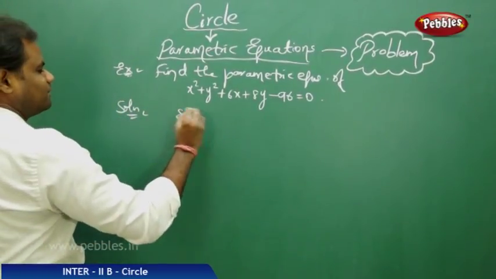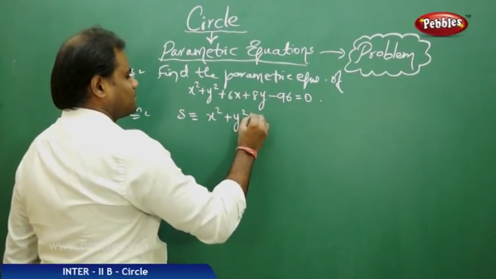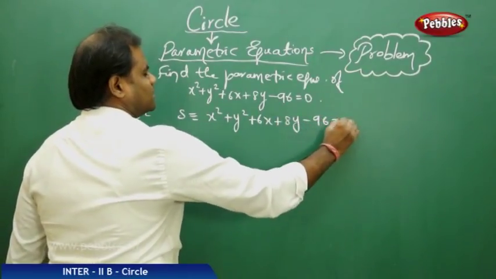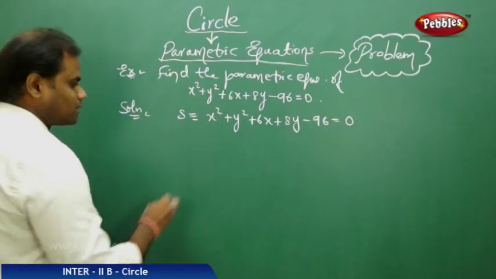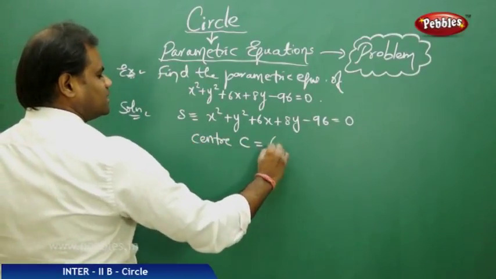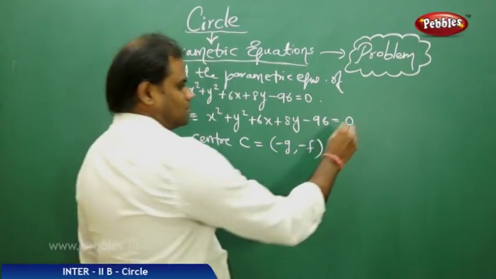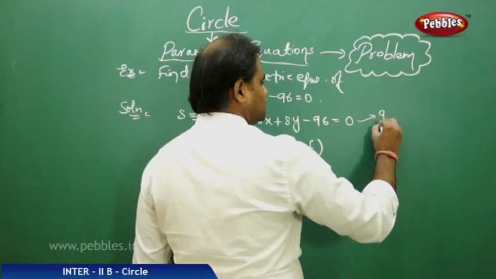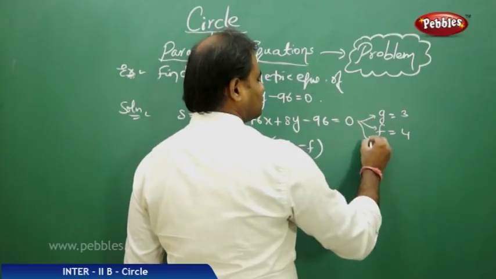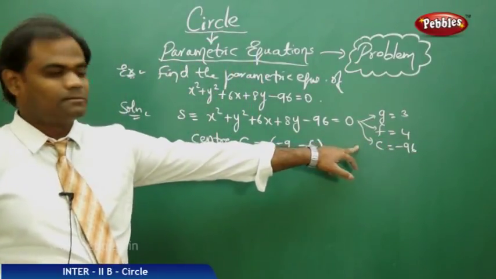Now, as I clearly have the circle given by x squared plus y squared plus 6x plus 8y minus 96 equal to 0, my center C is given by (minus g, minus f), where g is 3, f is 4, and c is negative 96 from the circle.